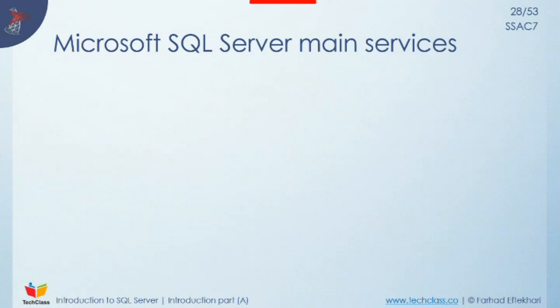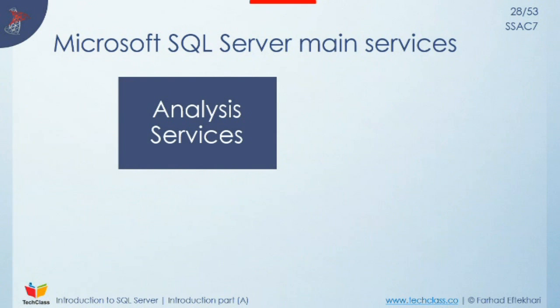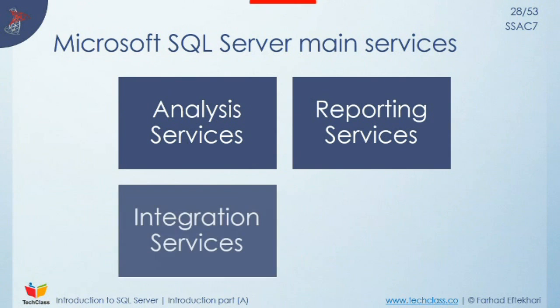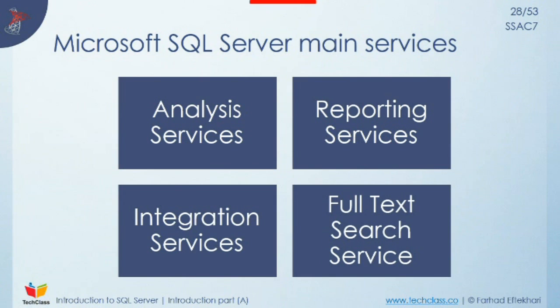We have four main services in MS SQL Server. The first is Analysis Services, the second is Reporting Services, the third is Integration Services, and the last is the Full Text Search service, which we're going to briefly get familiar with.